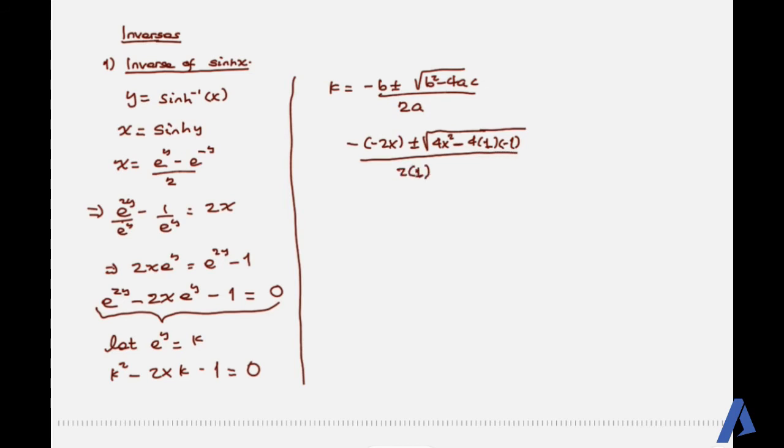This is equal to positive 2x plus or minus 2 times the square root of x square plus 1 over 2. The 2 is cancelled out.